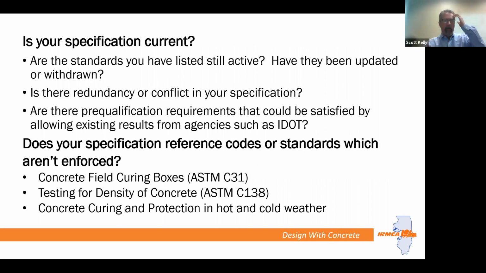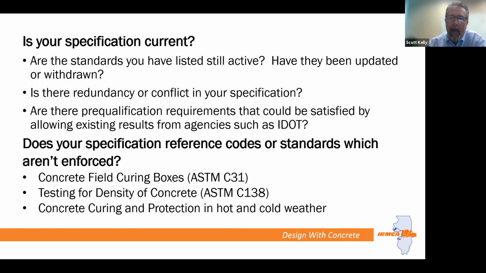So is your specification current? We often see outdated or withdrawn standards within a specification. We see some references to codes and standards that have been radically changed. A good example is both ACI 318, which was reorganized and published in 2019, and ACI 301, which was reorganized and published in 2020. These have undergone a total reorganization. They appear to be completely different.